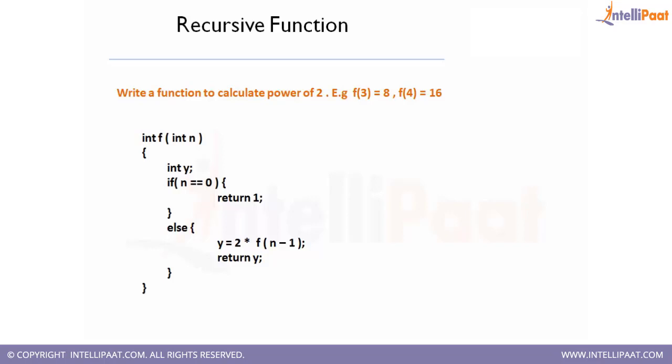On the screen I have shown you the solution also. We'll be writing this solution, but let's see, I am using this function f, and here f is again calling itself. So a function calling itself is a recursive function.